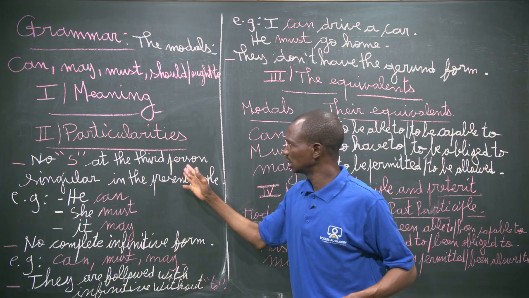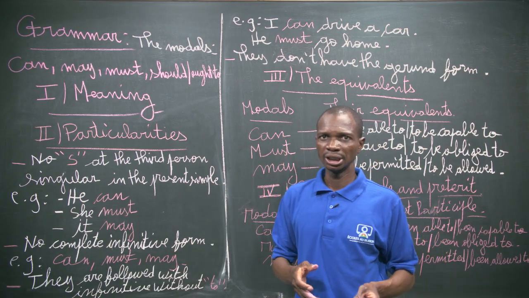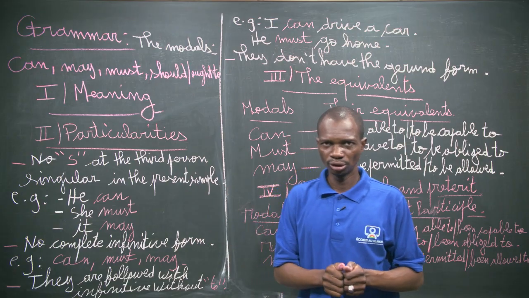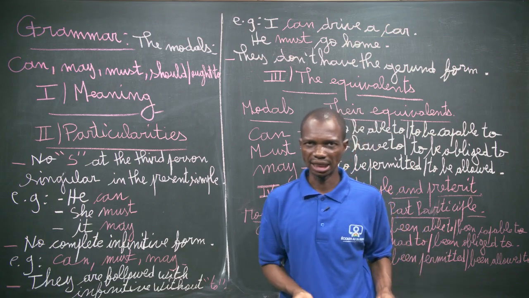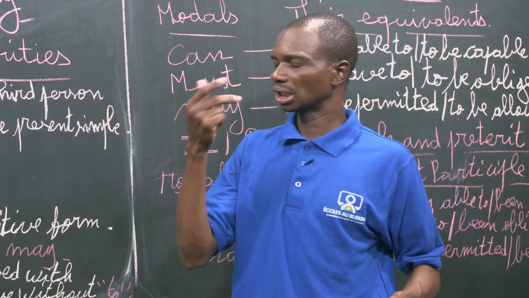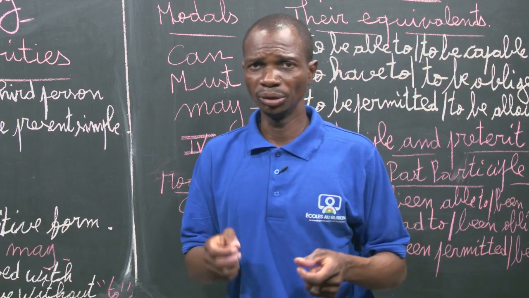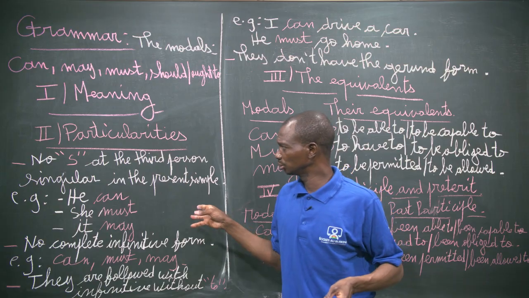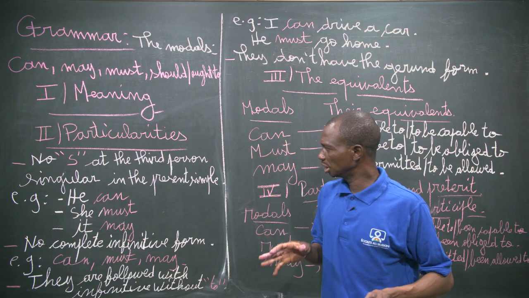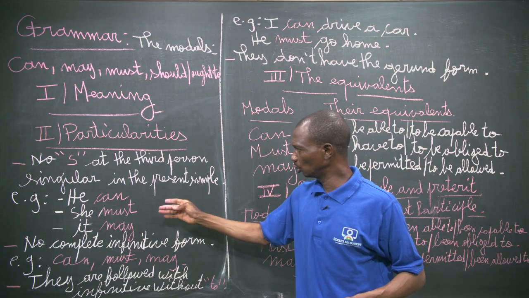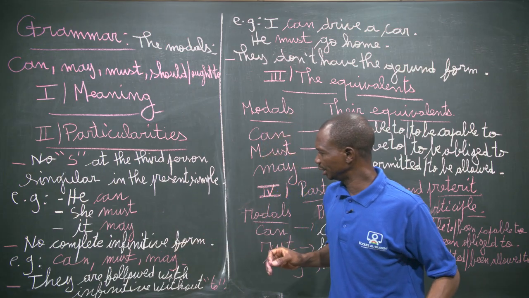Then to sum up these different points, the particularities of the modal auxiliaries. First, no s at the third person singular, meaning that in the simple present we must not put s to the verb. Here, he can, she must, it may, with no s. Second particularity, no complete infinitive form.